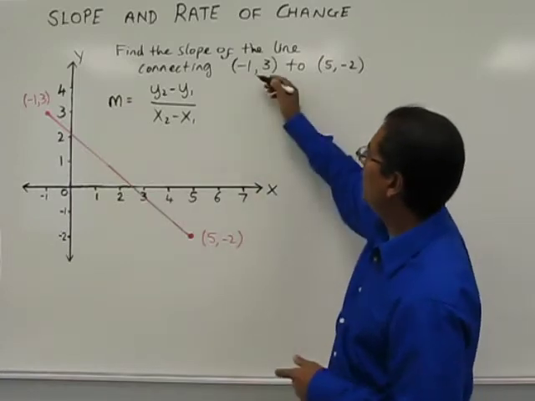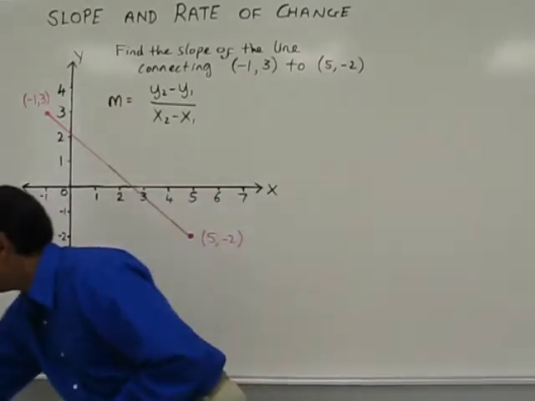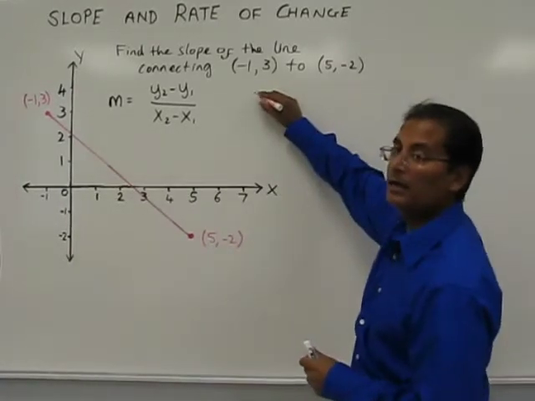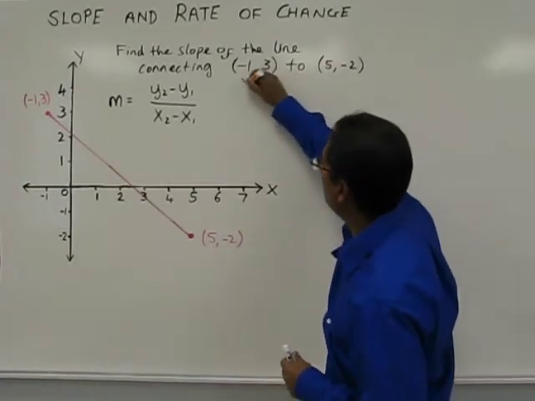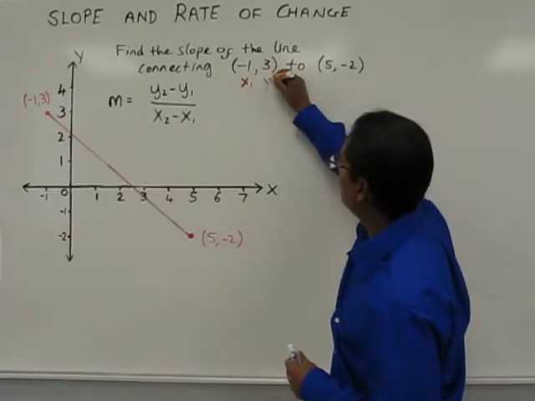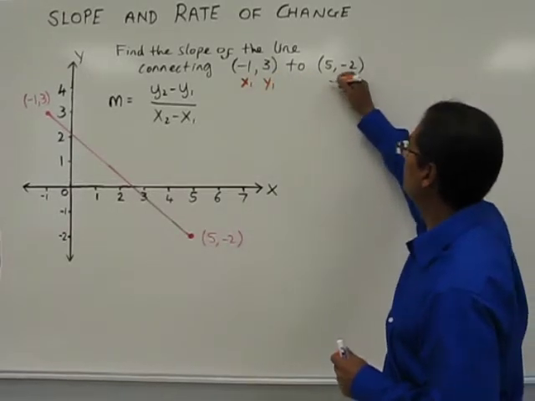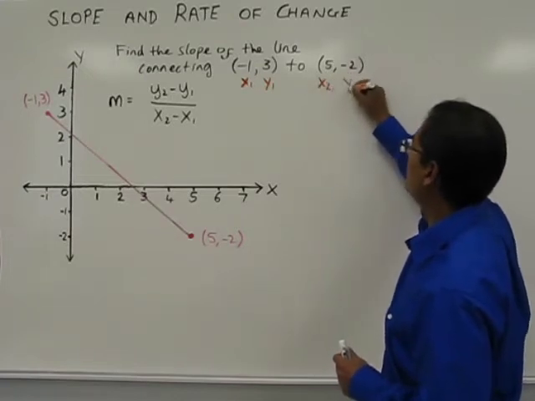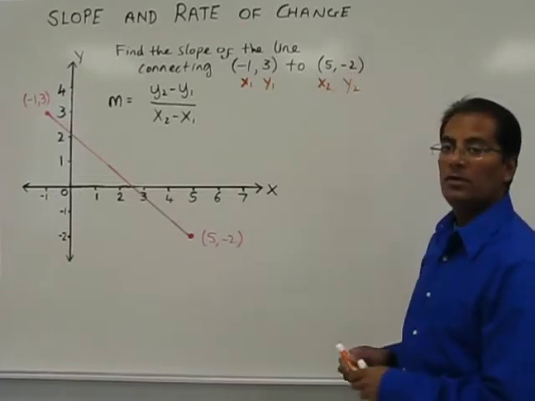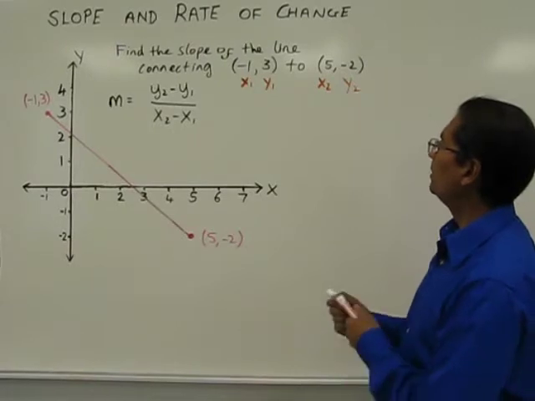So for example, I could designate -1, 3 as x1 and y1, and then 5, -2 as x2 and y2. So now I want to get the slope between these 2 points.